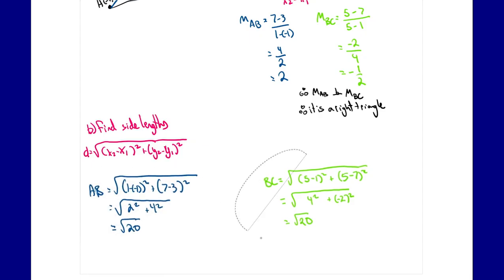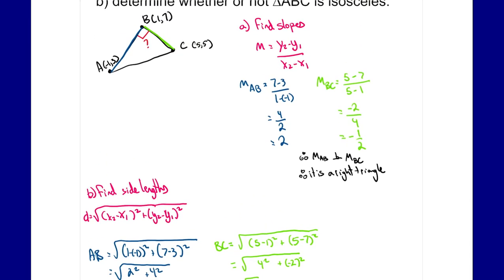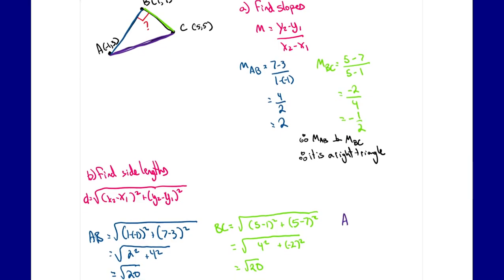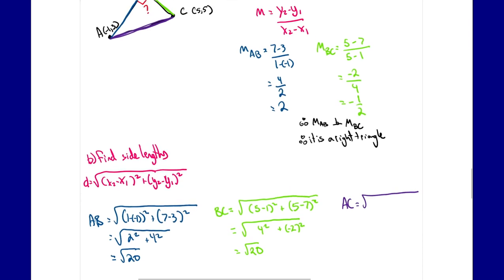However, we still need to find the other length, because if the other length is also the square root of 20, then we have an equilateral triangle. So we do still need to go through and check, even though we found that two sides are the same. The length of this last side is going to determine what type of triangle it is.